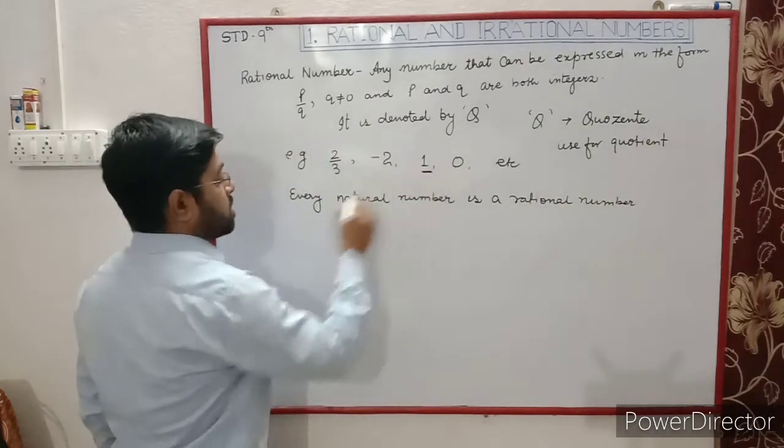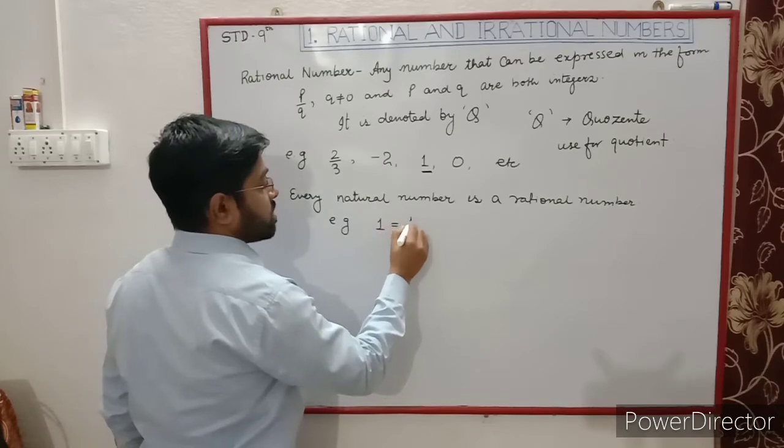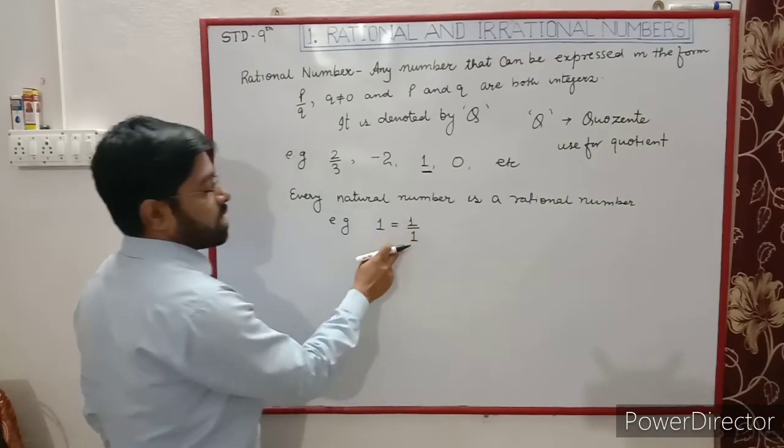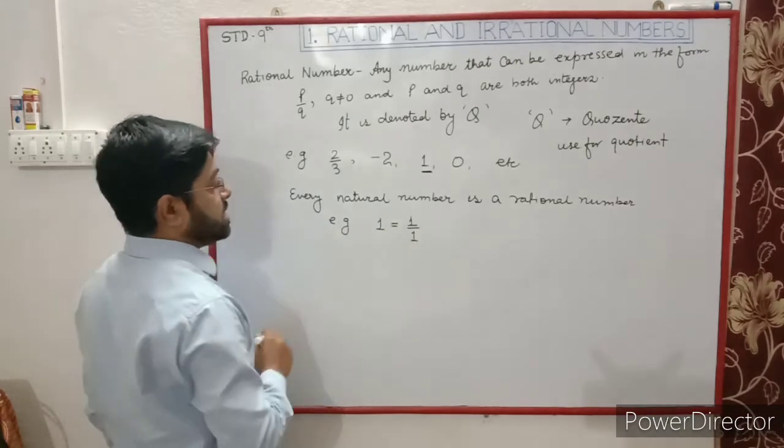One is a natural number. See the example 1. So we can write 1 by 1. It is in terms of p by q, q is not equal to 0 and both are integers.